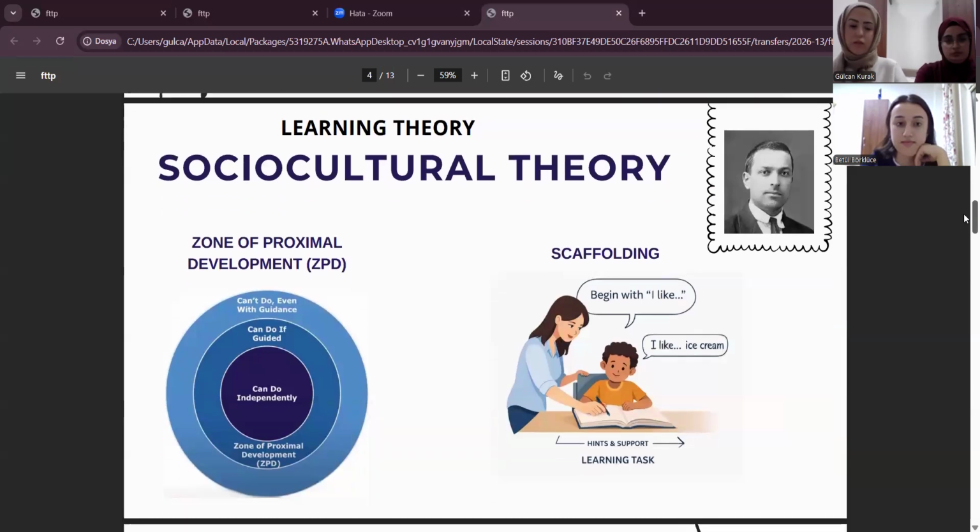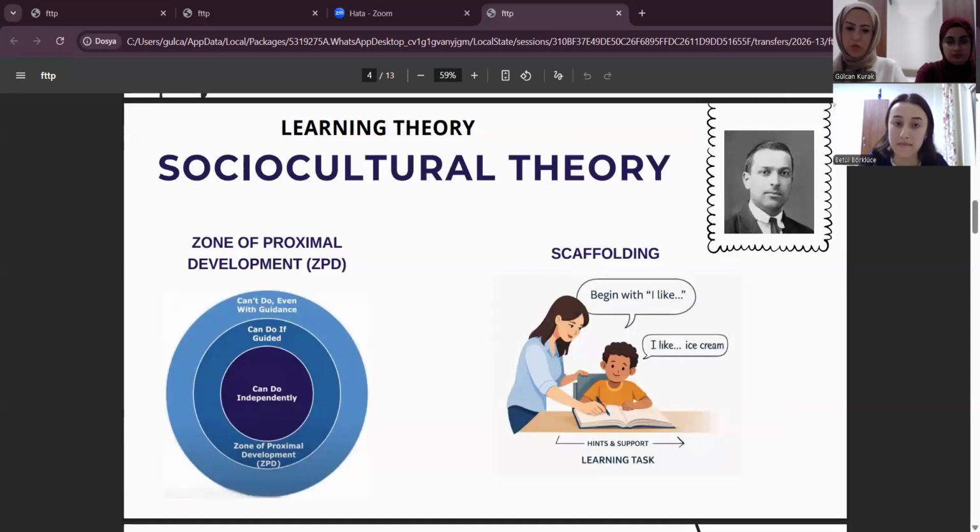As I said, we will focus on sociocultural theory, showing how it guides approaches, methods, instructional strategies, and material design. What is sociocultural theory? Sociocultural theory was developed by Vygotsky, and he believed that learning is not an individual process but a social one.